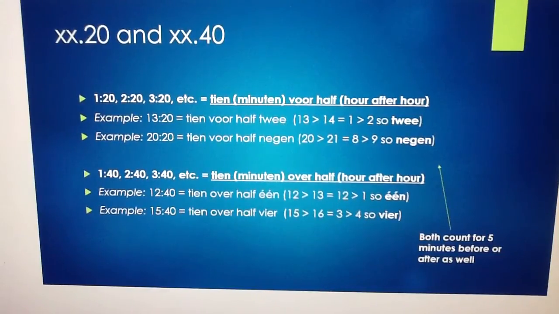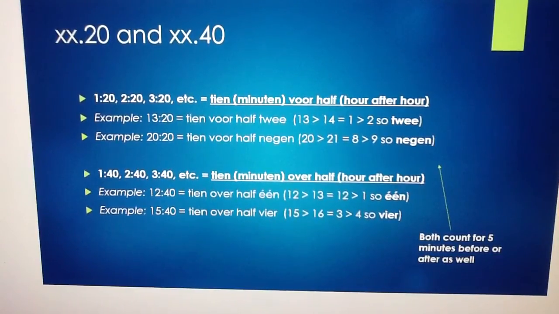Because 12 is followed by 13, and you have to say 1. Because 13 is 1. It's like math, isn't it? Another example is 15:40, which is 10 over half 4. You have to say 4 because 16 is 4, and 15 in this case is 3, so you have to say 4, 10 over half 4.